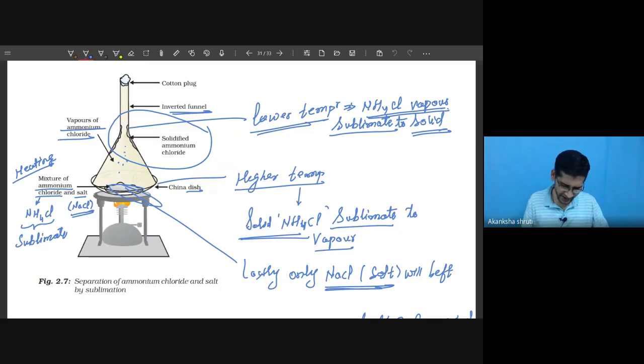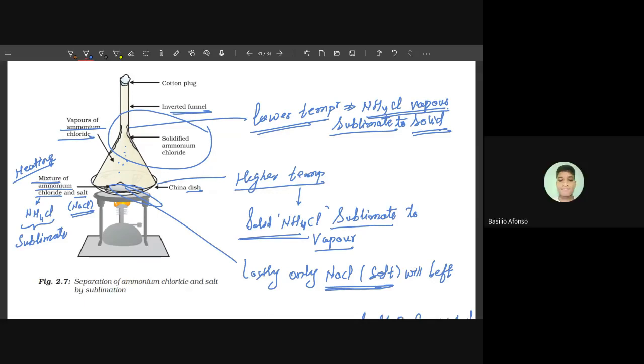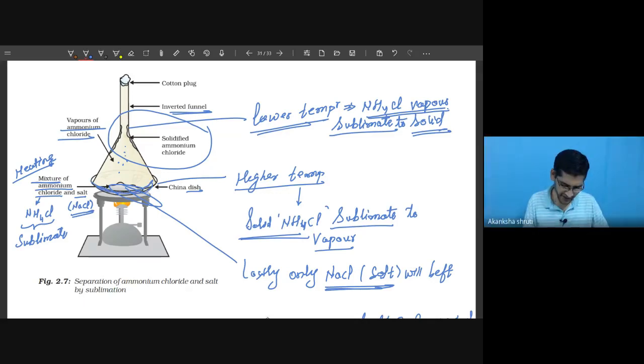Earlier the mixture was here in this region, but after heating, the ammonium chloride gets deposited in this region, while the sodium chloride remains in this China dish.